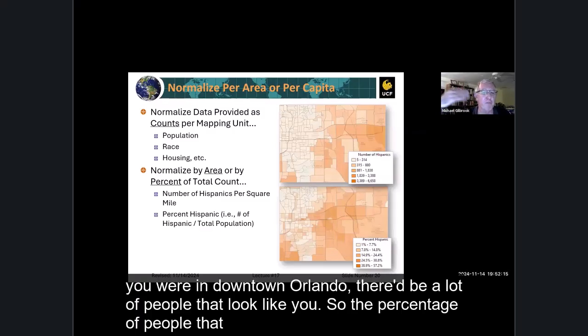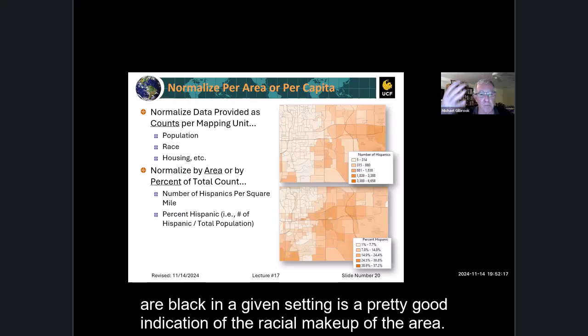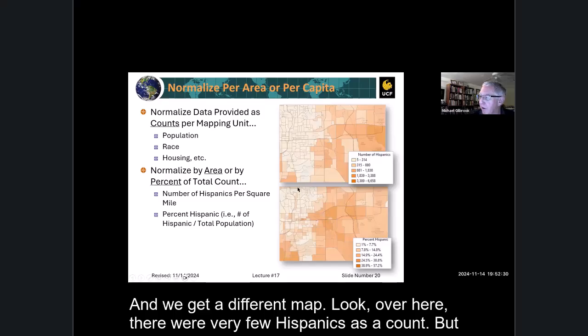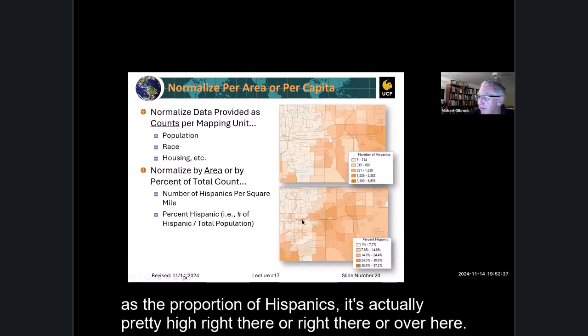So the percentage of people that are black in a given setting is a pretty good indication of the racial makeup of the area. You can see here at the bottom, we've divided the number of Hispanics by the total number of people, and we get a different map. Over here, there were very few Hispanics as a count, but as a proportion of Hispanics, it's actually pretty high right there, or over here.